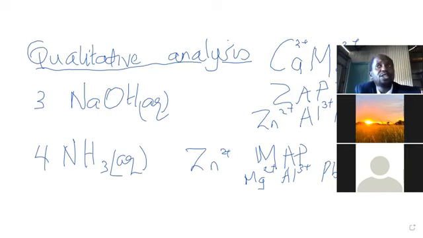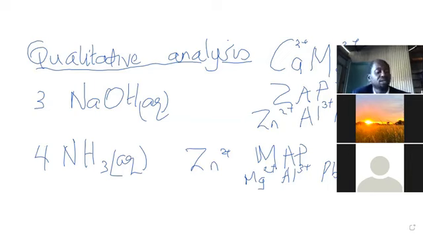The third possible observation is the confirmatory test for zinc. White precipitate soluble in excess, for which the inference would be zinc ions present.